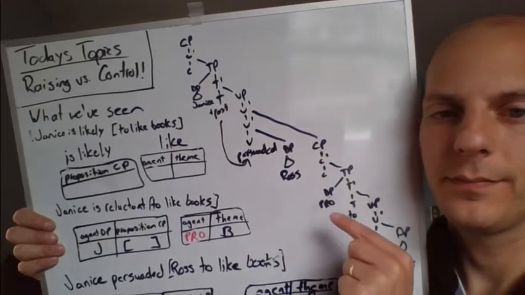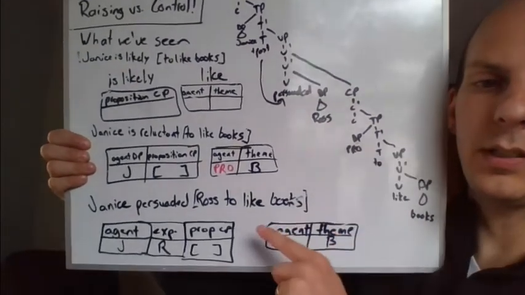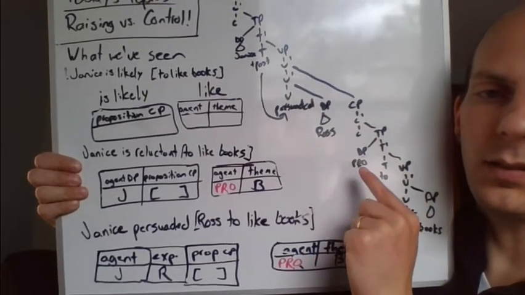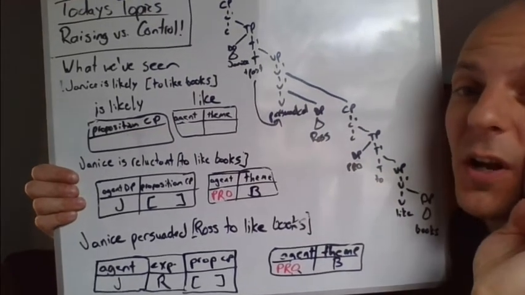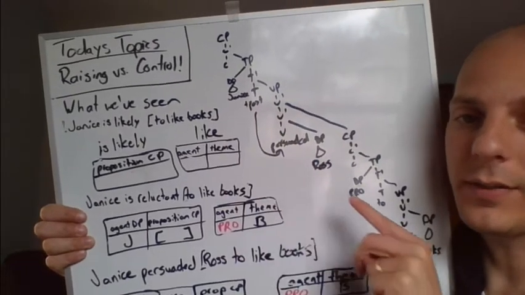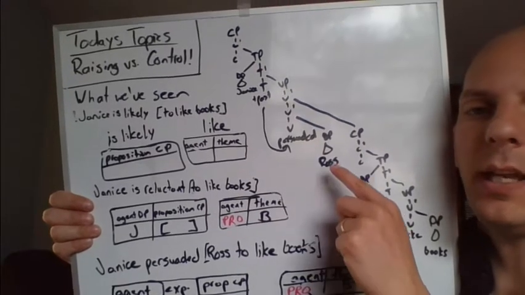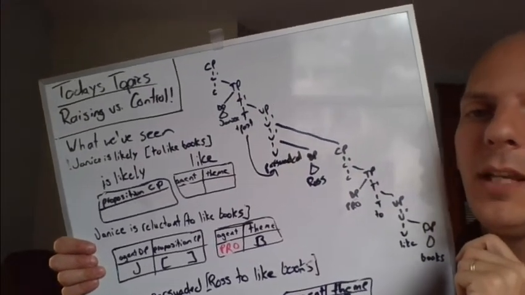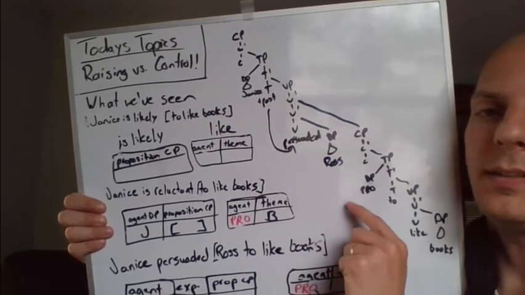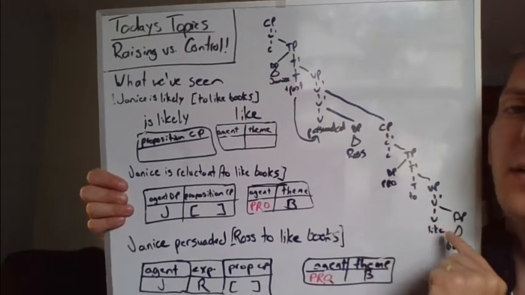Like books. And so what's interesting is that here we have our pro, just like we said we were gonna. Our pro is the agent of the lower embedded clause. Pro, which is really Ross, to like books. So again, we have Janice persuaded Ross to like books, with this big pro and Ross being co-indexed there. That's why it's object control, because the object of the higher clause is controlling the big pro in this non-finite embedded clause.